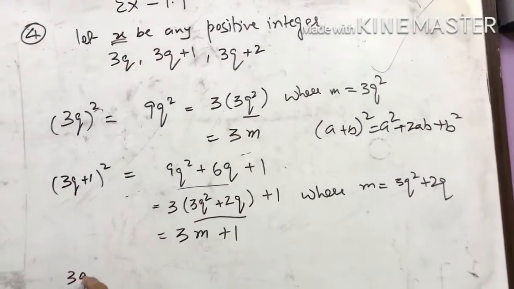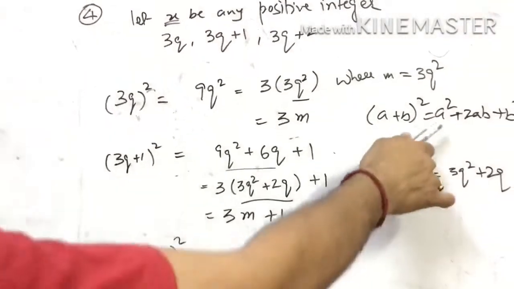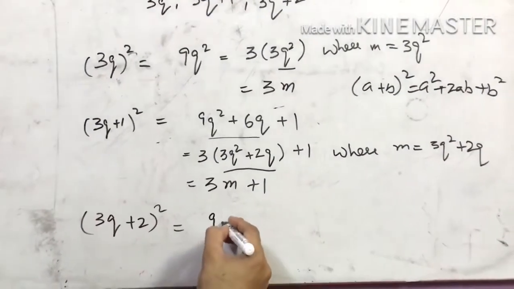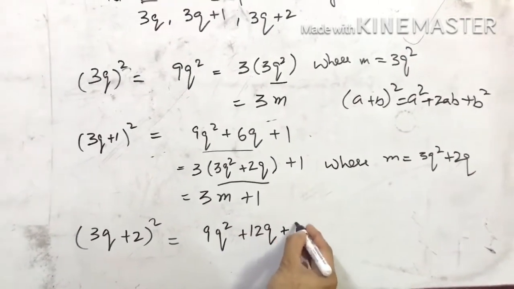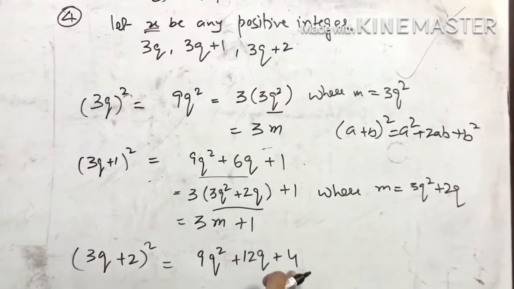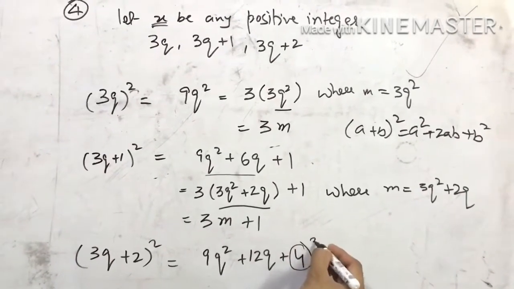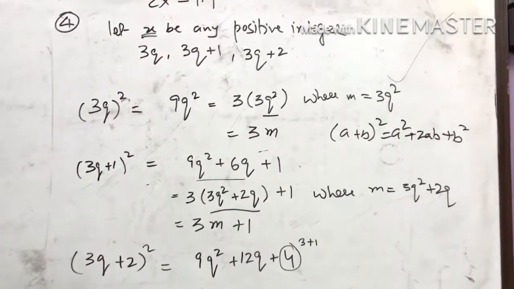So last number is 3q plus 2 square. Again apply the formula. Because you have to take 3 as common, you divide this number into 2 parts, 3 plus 1, 4. You can split this number into 2 parts.